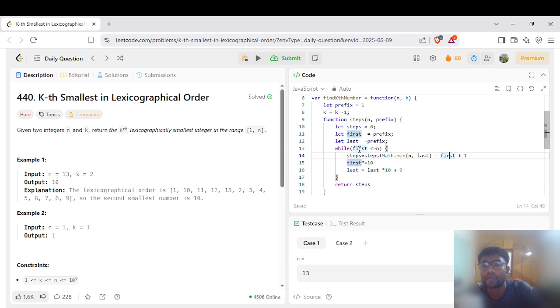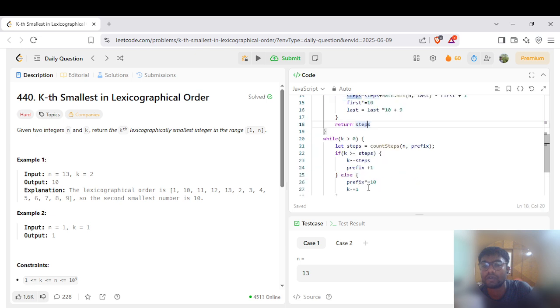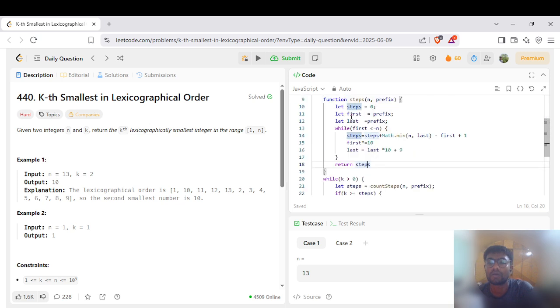So 4 is less than n which was 13. So we jump out of this while loop and we just say step is equal to plus 1, or step was 4 steps. 2 steps, right? Where one was checking within the range 1, and next thing was we were incrementing it by plus 1 only, right?